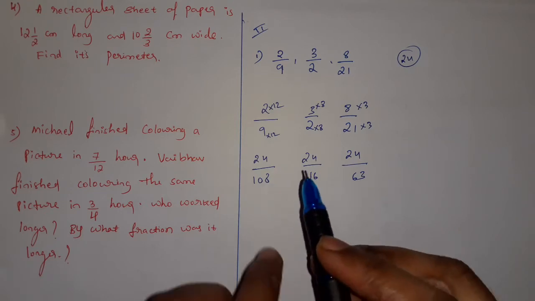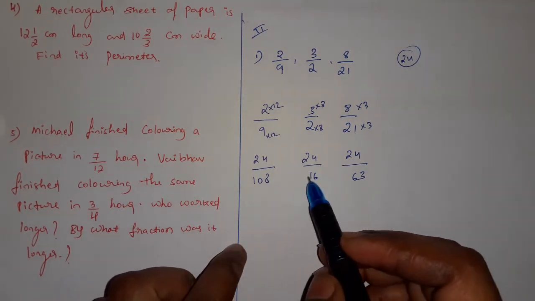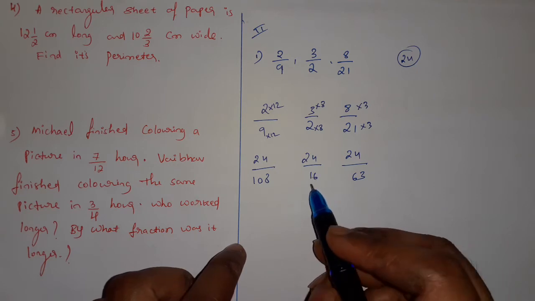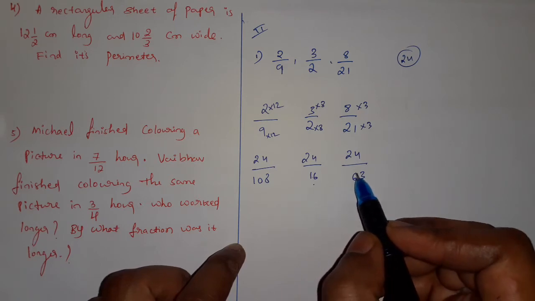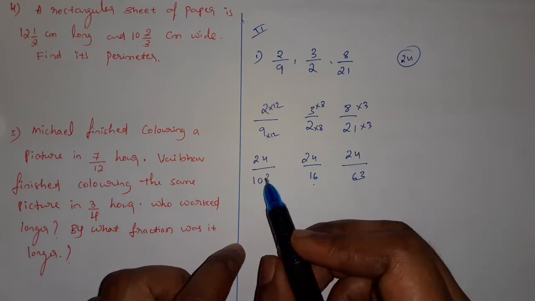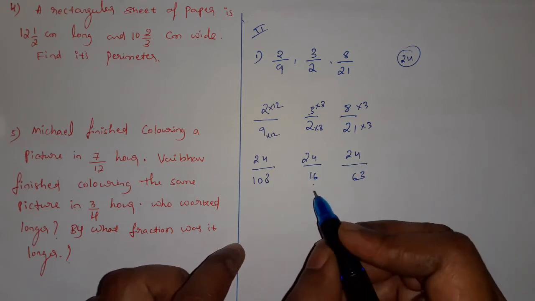Now, this one is having the smallest denominator, which means this is the largest one, and after that this will come, and the smallest one is this fraction. Okay, I will give numbering.